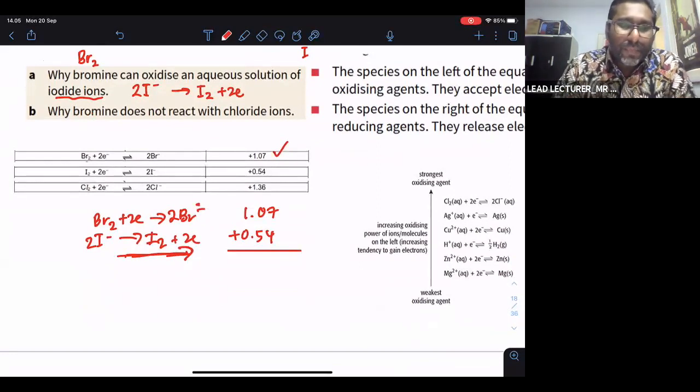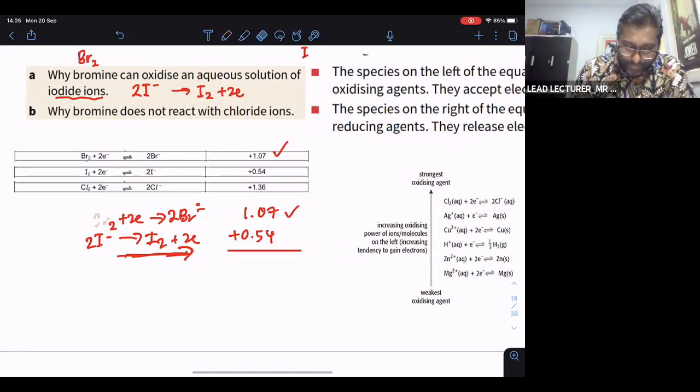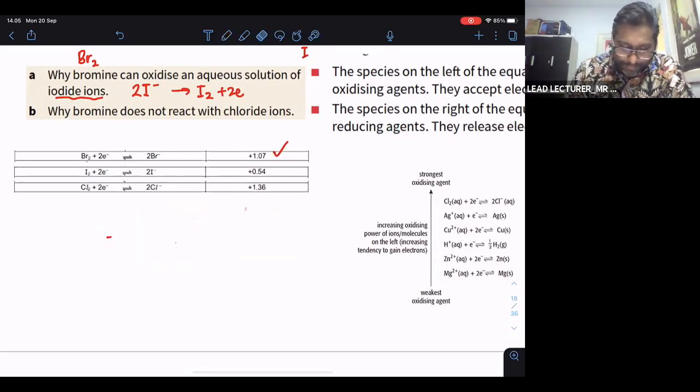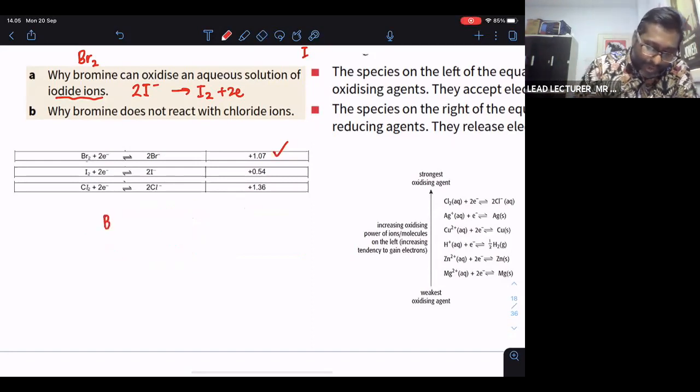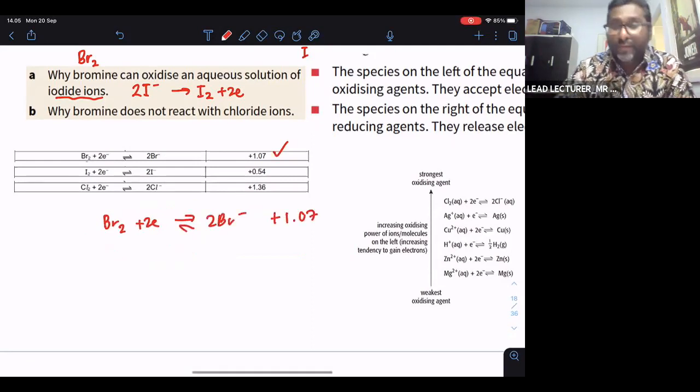If you want to identify can it oxidize or not, you just need to use the two methods. You can see here, this is more positive. Let me rewrite this again. If you write down Br2 plus 2 electrons gives you 2 Br minus, that is going to be positive 1.07.